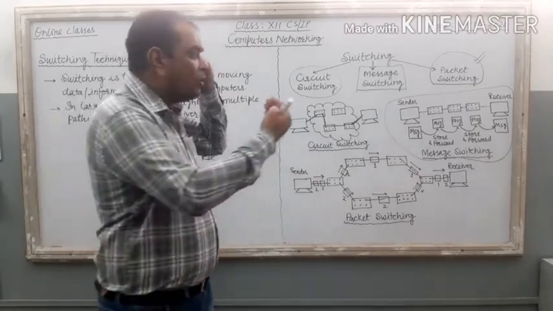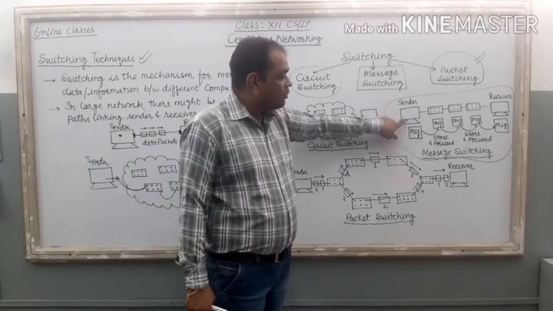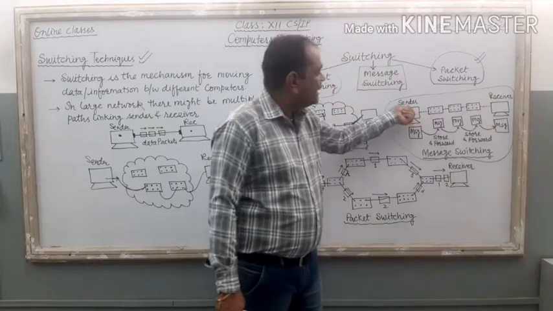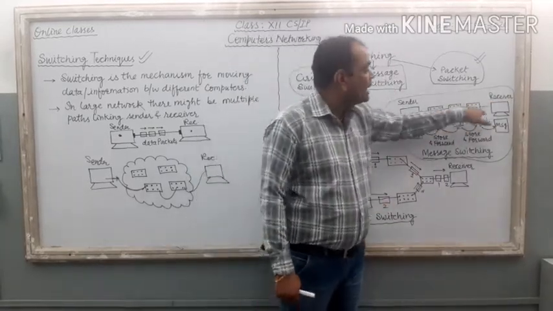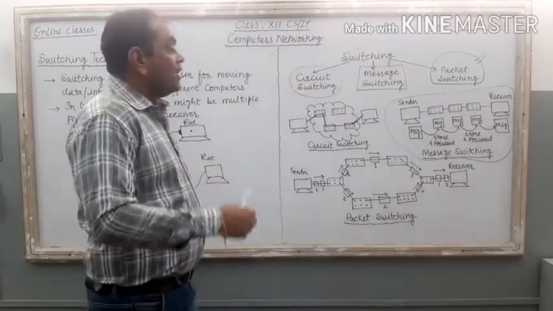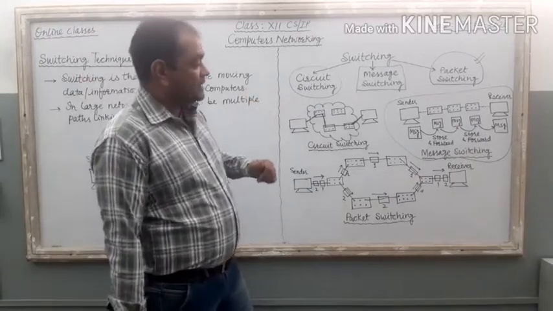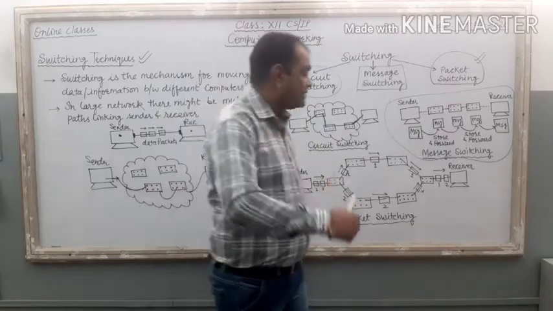SMS is there or WhatsApp chat is there. Now, if this computer wants to send a message to that particular computer, it is known as the sender, this is the receiver, and multiple nodes are there in between the sender and receiver. Now, how can the sender transfer the message to the receiver? Just see it in this diagram.